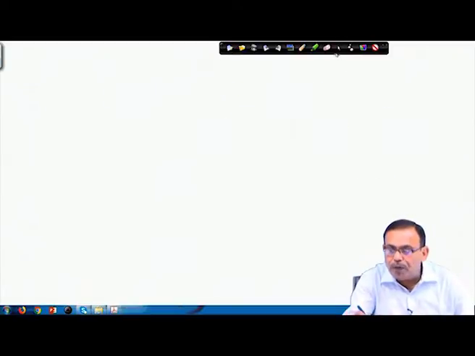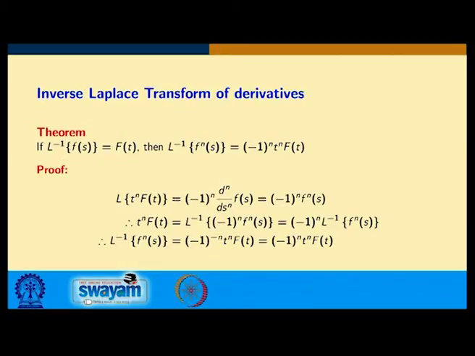So, if I go back, I had to prove that the Laplace inverse of F^(n)(s) equals minus 1 to the power n t to the power n into f(t). I started with the Laplace transform of t to the power n into f(t) equals minus 1 to the power n d^n/ds^n of F(s), because this is known from the derivative theorem of Laplace transform.